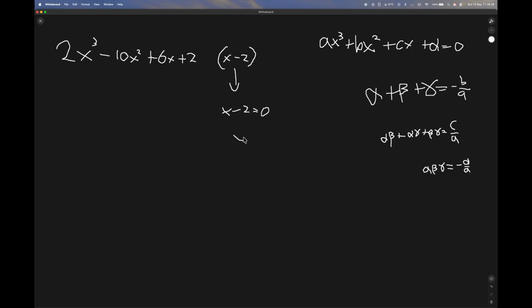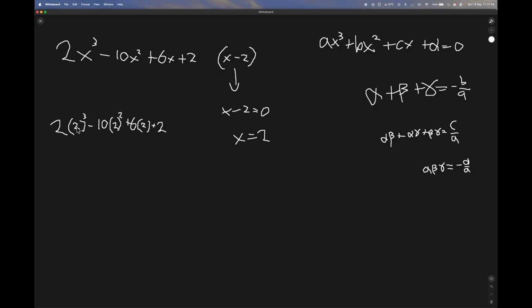Add 2 to both sides, so x is equal to 2. Now, 2 outside of 2 to the 3 minus 10 outside of 2 squared plus 6 times 2 plus 2.